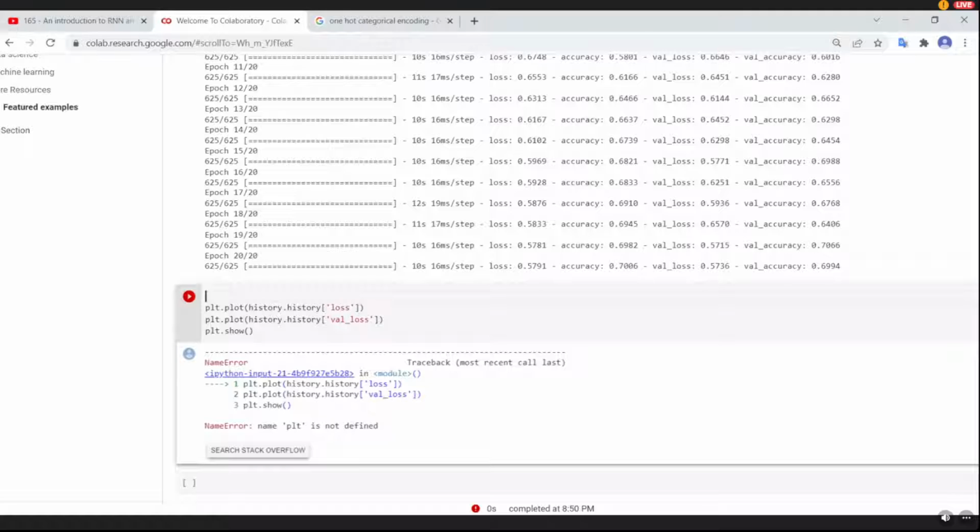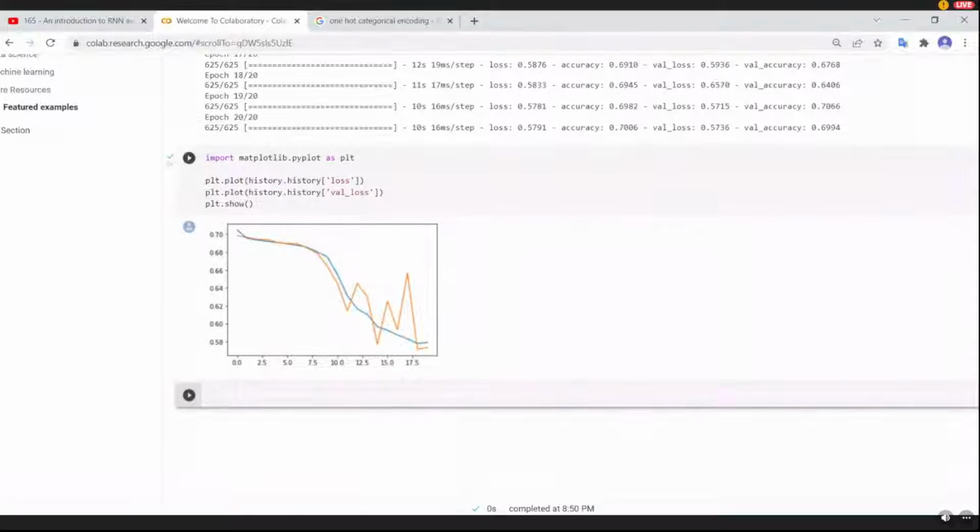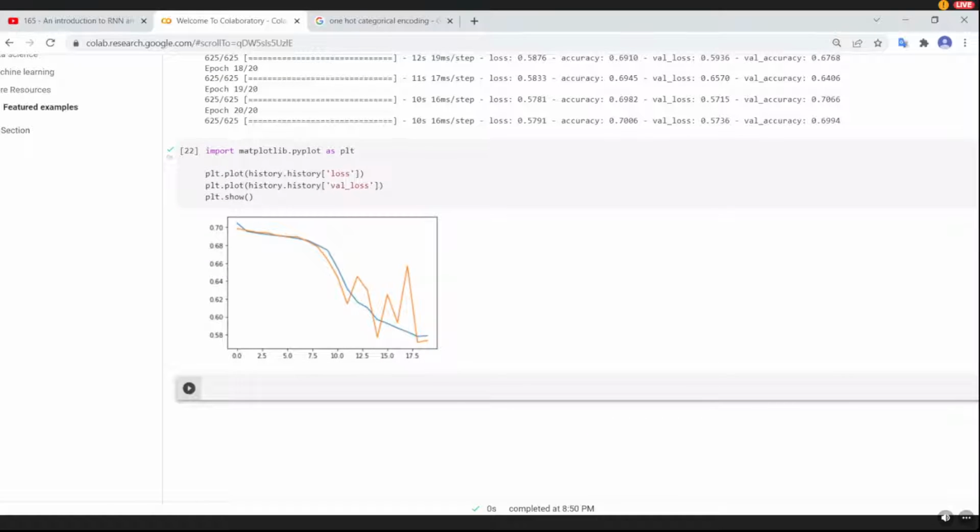Okay, let's import matplotlib. You can see how the loss has gradually decreased from 0.7 to about 0.58. And now let's see the accuracy.